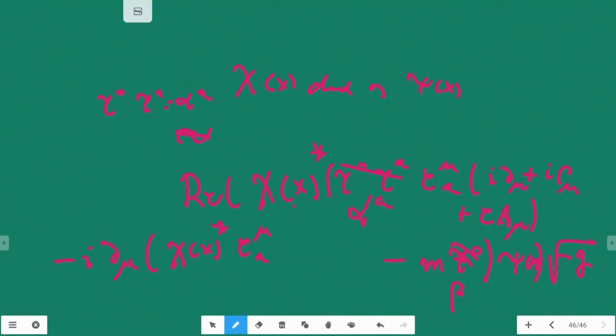Oh sorry, into alpha A, I have missed that out. So first I should put alpha A, then E mu A, and then root minus g. This plus all the other terms are the same, plus chi star acting on alpha A, then gamma mu plus E A mu, minus m.